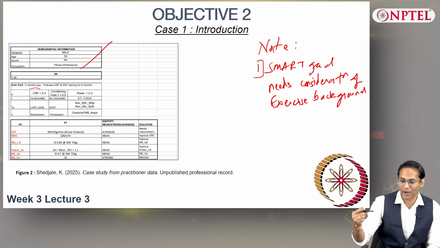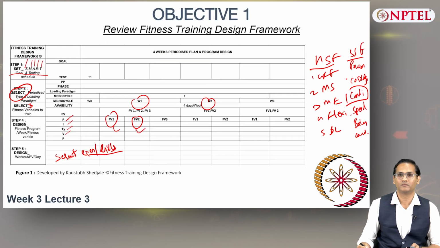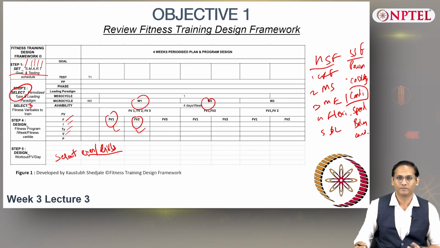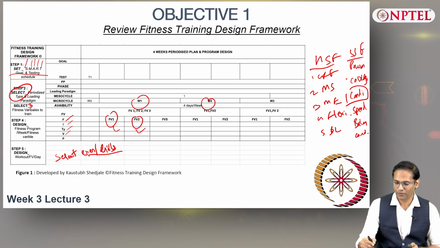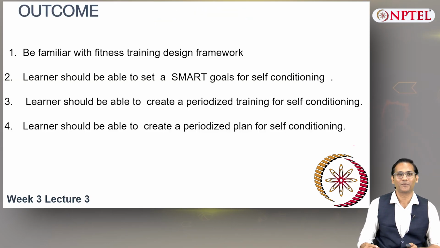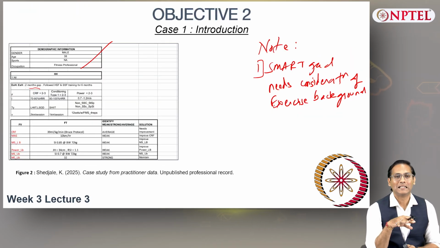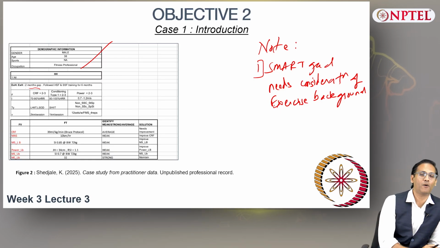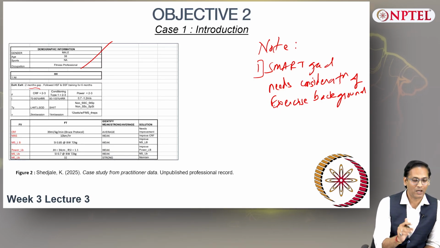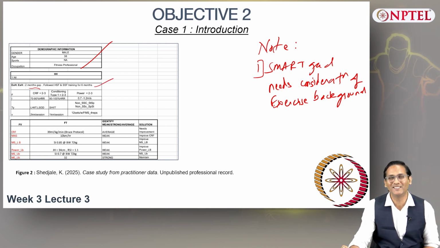So he was trying to improve these fitness variables for the 6 months duration. Before, there was a gap of 2 months. Now this information itself tells that he is an advanced exerciser.